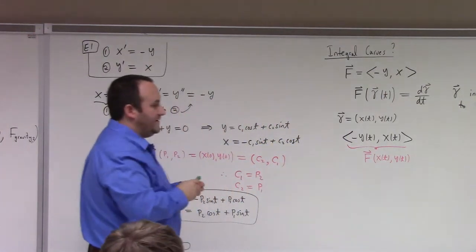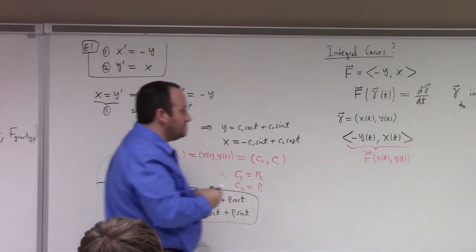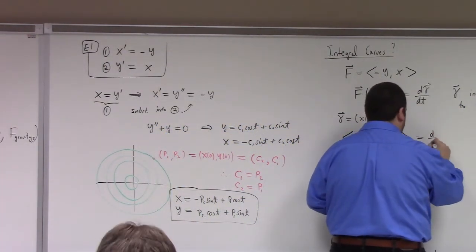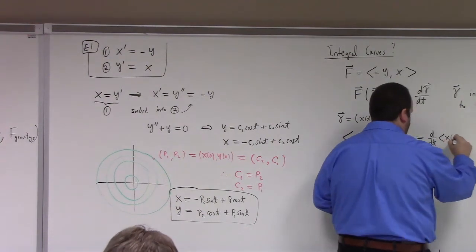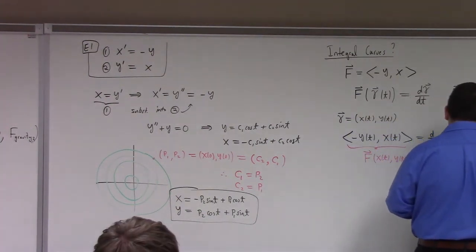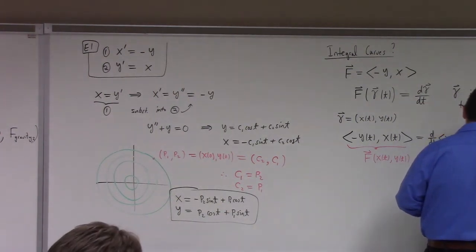And on the other hand, I've got the velocity of the curve, of the path. That's d/dt of (x(t), y(t)), which of course we do component-wise. That's (dx/dt, dy/dt).